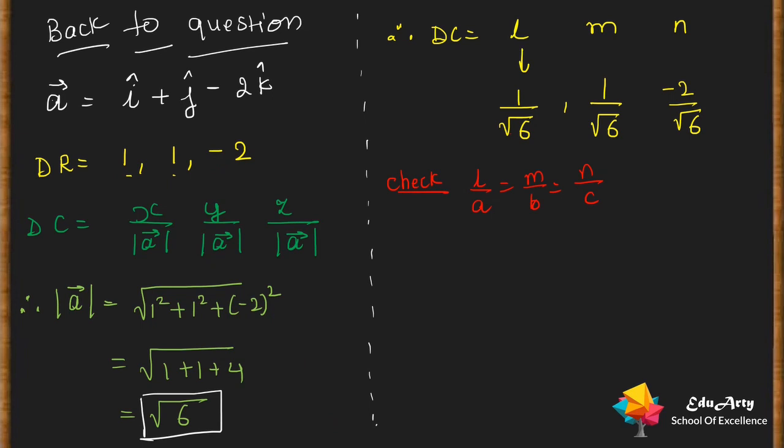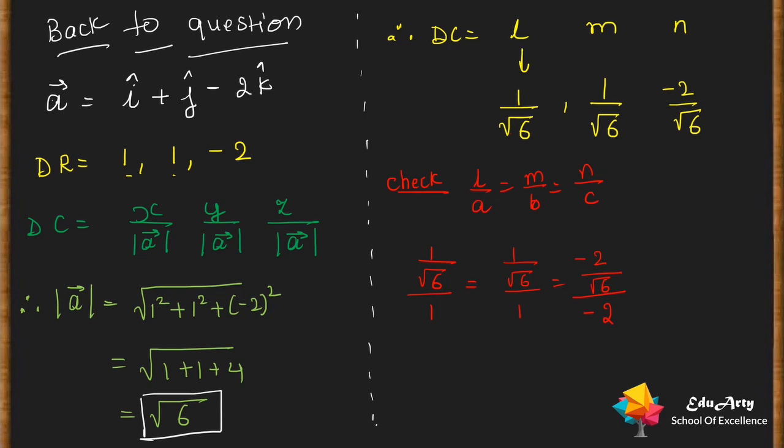So we have 1 by root of 6 divided by 1, this is equal to 1 by root of 6 divided by 1, this is equal to minus 2 by root of 6 divided by minus 2. Sorry, everywhere I said x, no, by mistake, it is actually 6. What will you get? Check करो ये सारा, ये कट हो जाएगा ना, will it be equal, all of them, are they equal or no?